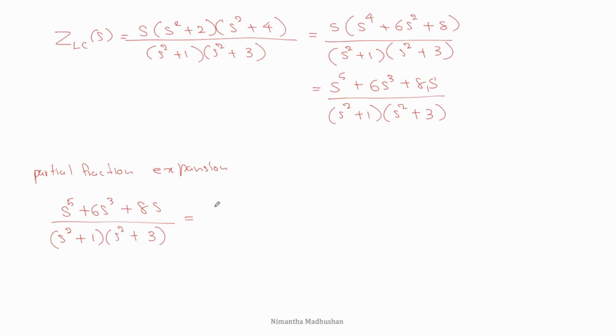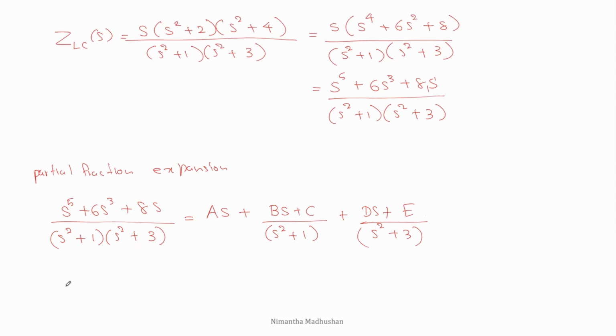Then we have to write it as as plus (bs plus c) over (s squared plus 1) plus (ds plus e) over (s squared plus 3). This is the partial fraction expansion of this impedance function.